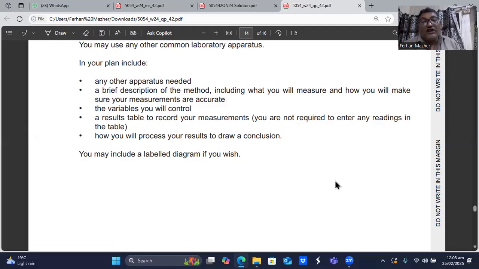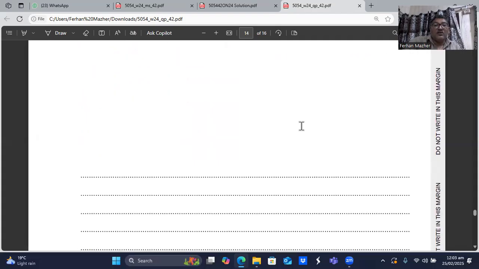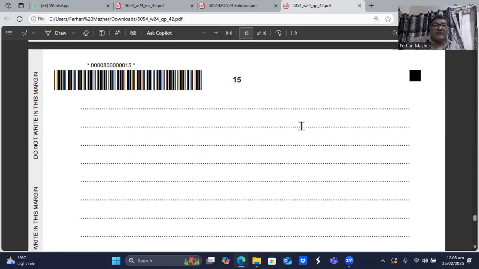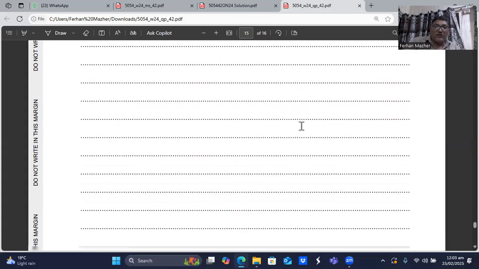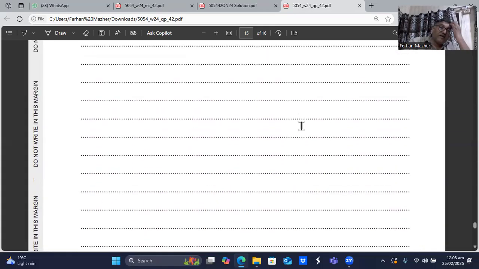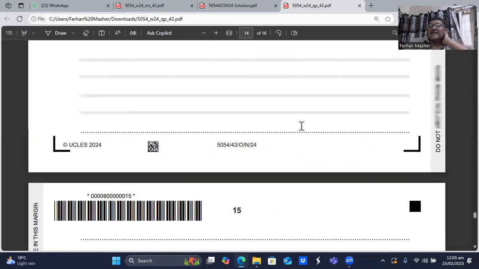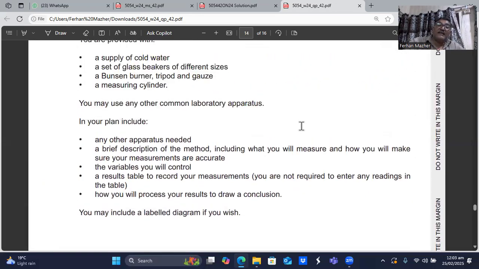You are not required to enter any readings in the table, how you will process your results to draw a conclusion. You may include a labeled diagram if you wish. And this question, my dear student, is of how many marks? This question is of 6 marks. So basically, they are asking you to investigate the time taken.